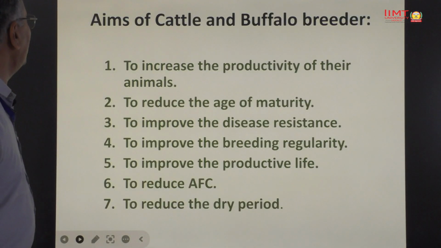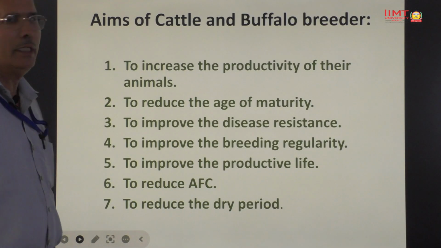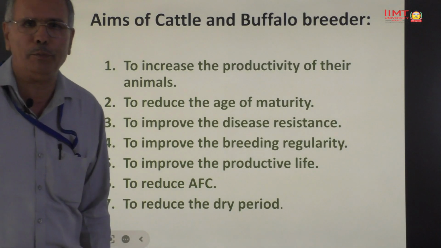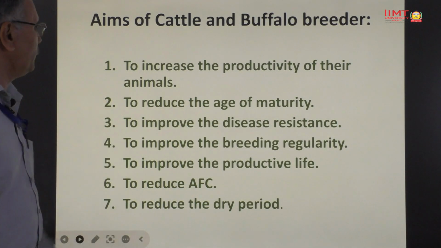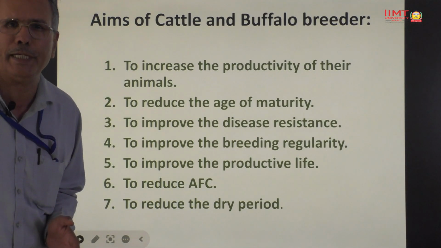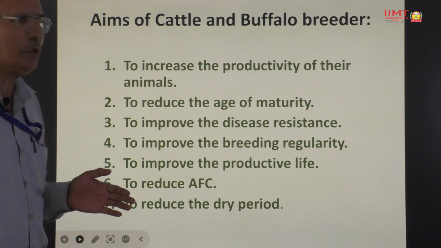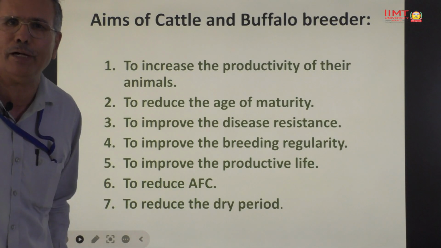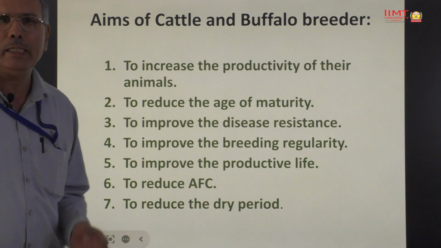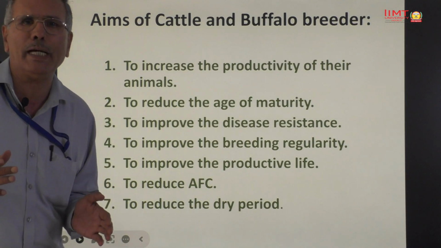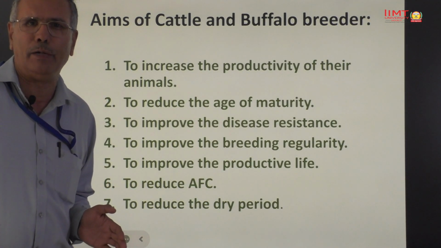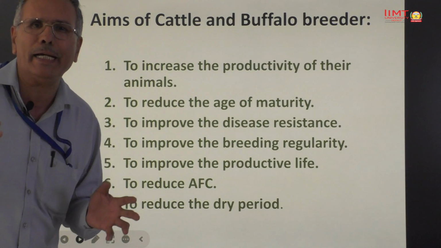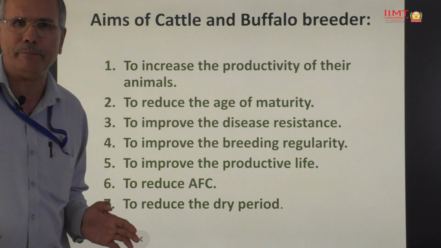Now we will discuss the aims of cattle and buffalo breeder. The aims of cattle and buffalo breeders are: number one, to increase the productivity of their animals. Number two, to reduce the age at first calving of their animal. Number three, to reduce the age at maturity of their animal. What is the age of maturity?